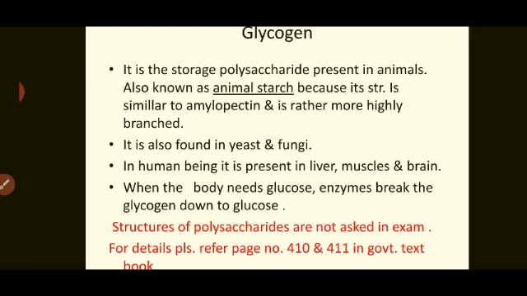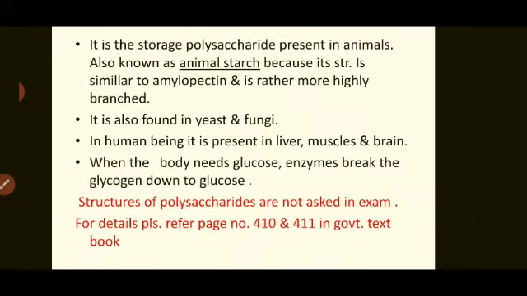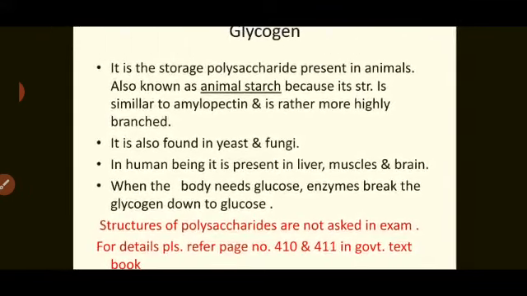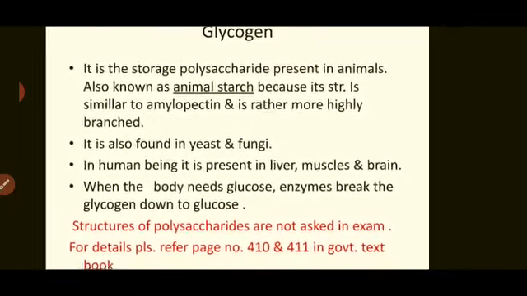Here also the branching is there in glycogen. It is also found in yeast and fungi. In human beings, it is present in liver, muscles and brain. When the body needs glucose, enzymes break the glycogen down to glucose. So glycogen is also present in our body.